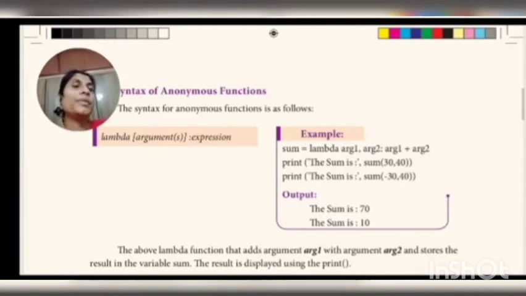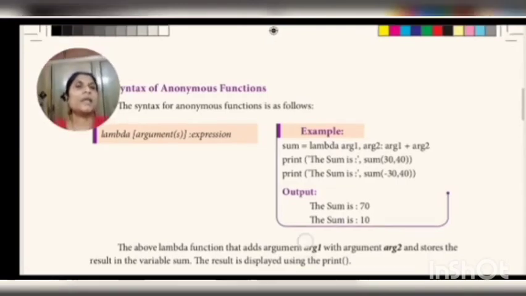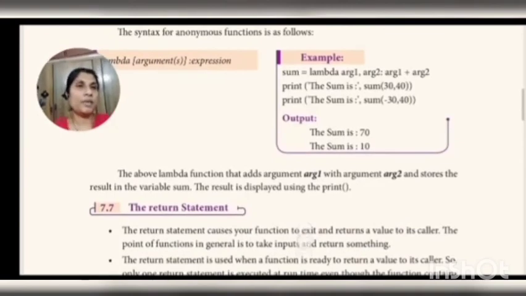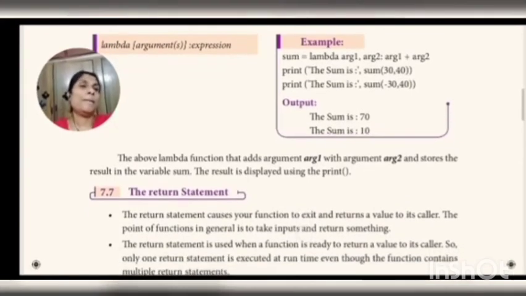It will display the string, the sum is. And then again we call sum. This time it is supplied with the values minus 30 and 40. So these statements will display on the output screen: the sum is 70 and the sum is 10, because first we sent 30 and 40, these two will be added and we get 70. And next we add 40 and minus 30, so we will get 10.